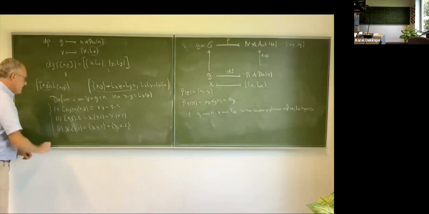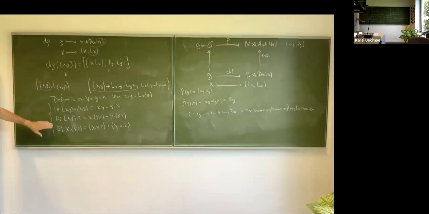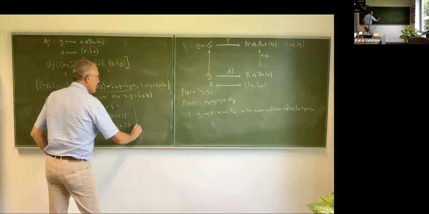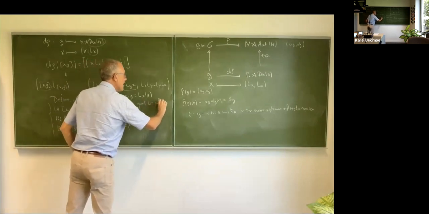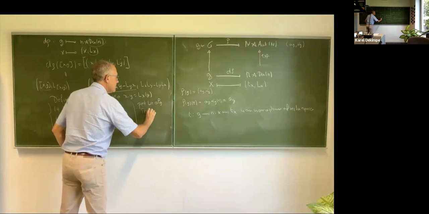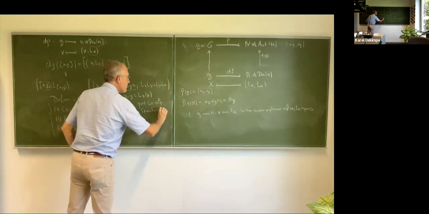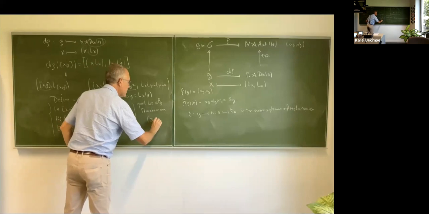And these three conditions are now exactly the three defining conditions for a post Lie algebra structure on the pair Gn.